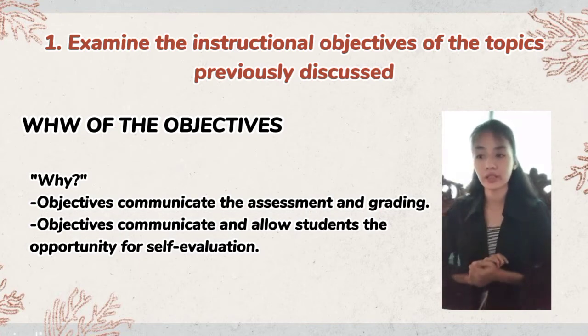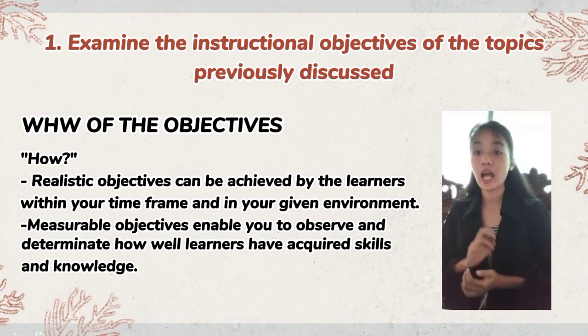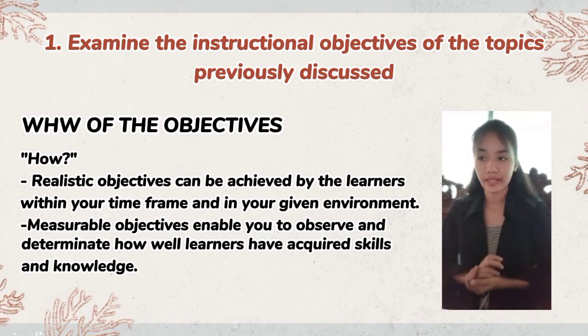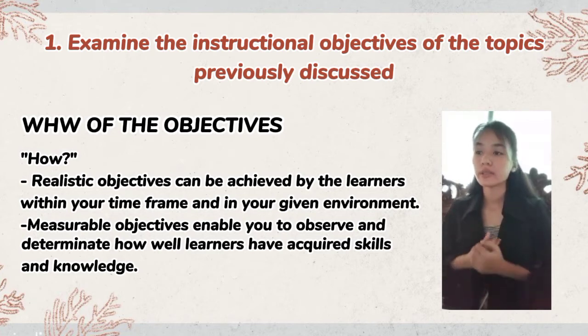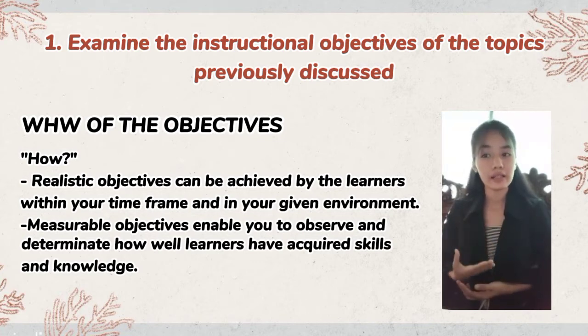So the second question is how. Instructional objectives must be written to communicate realistic, measurable, and learner-centered outcomes. Number 1, realistic objectives can be achieved by the learners within your time frame in your given environment.